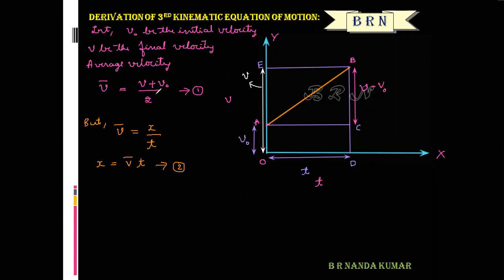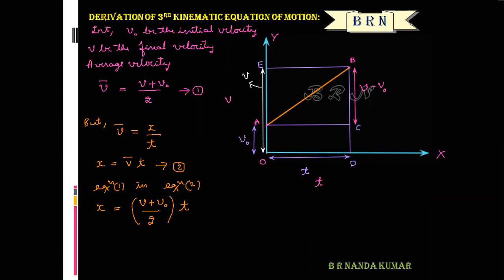Now substitute equation 1 in equation 2. Then we get x is equal to v plus v naught divided by 2 into t.